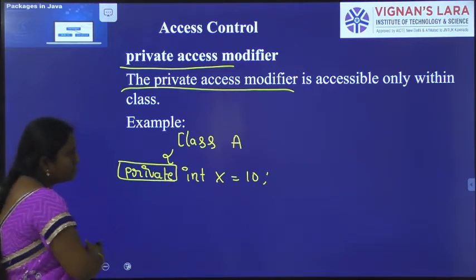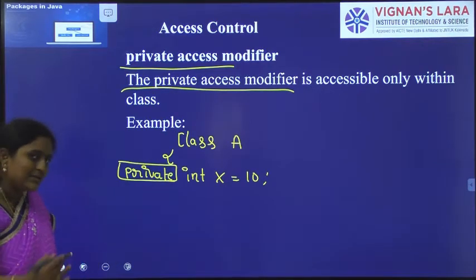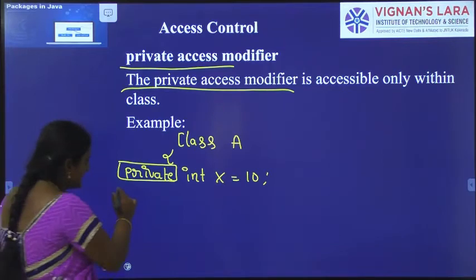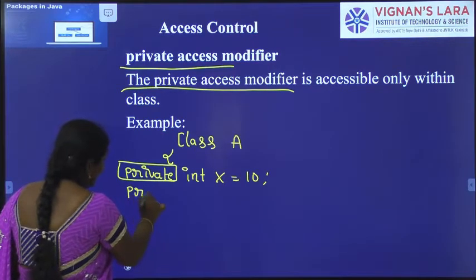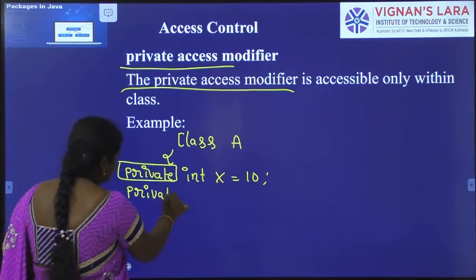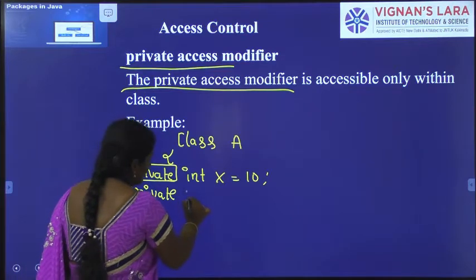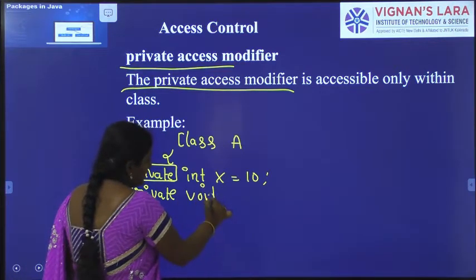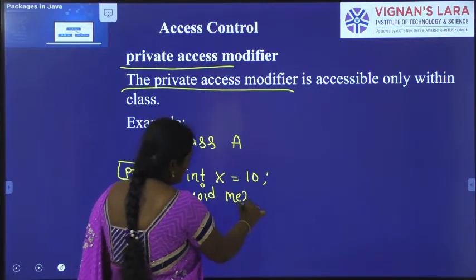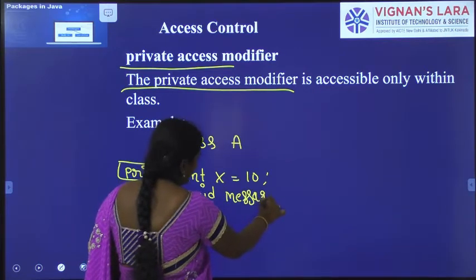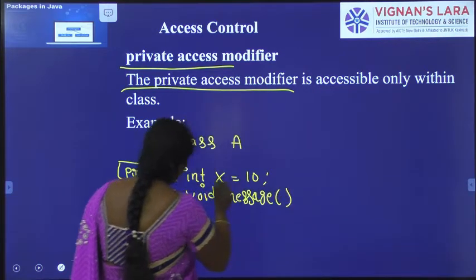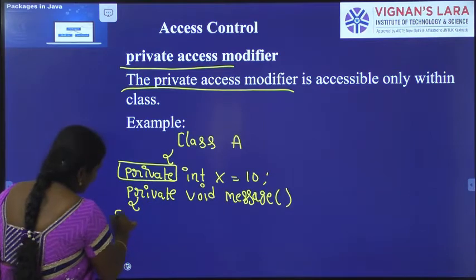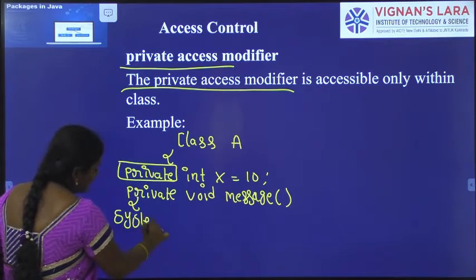Next I want to write one method. That method also has the private access specifier. Here I am writing private void message. What is the body of this method? Here I am providing the body of this method.